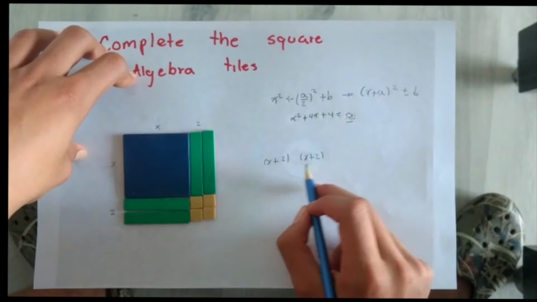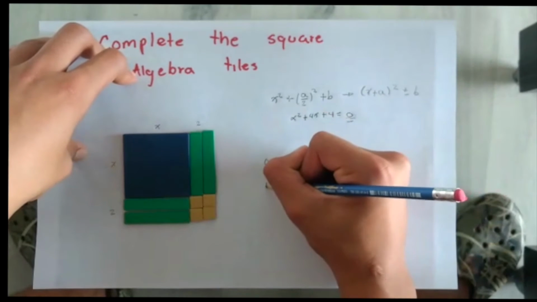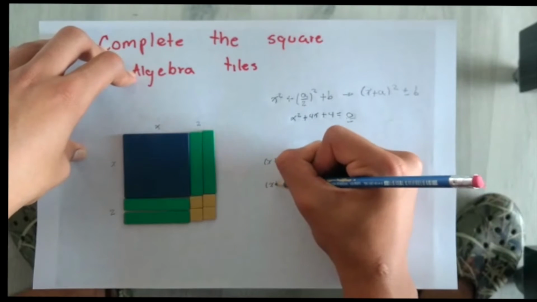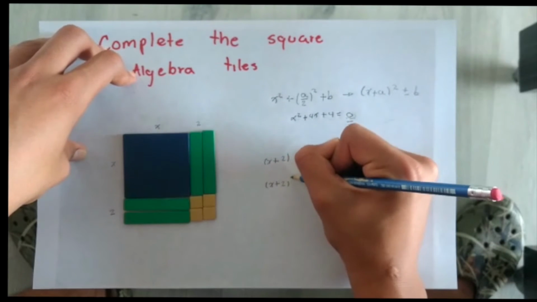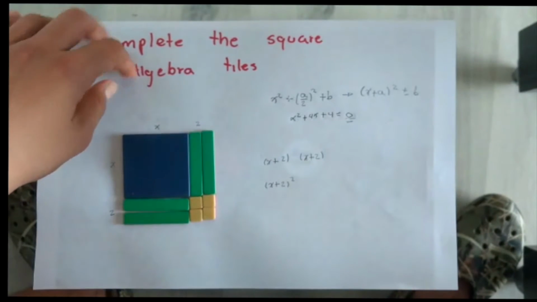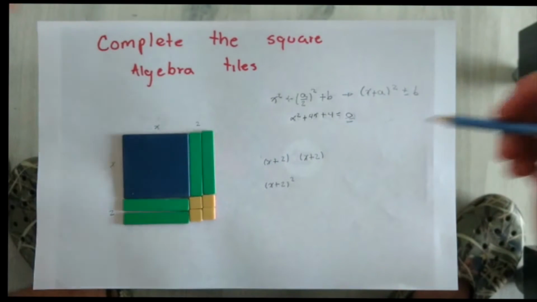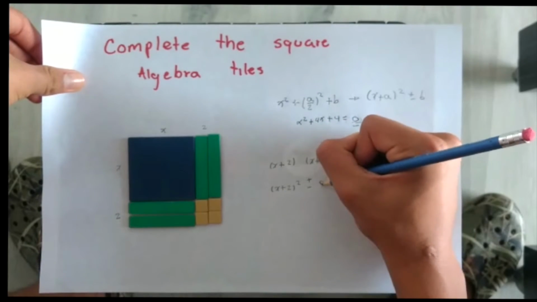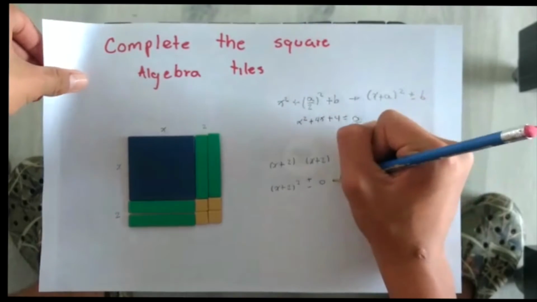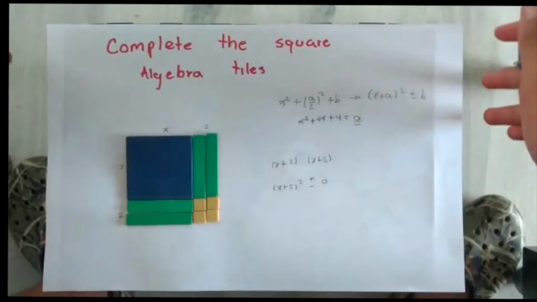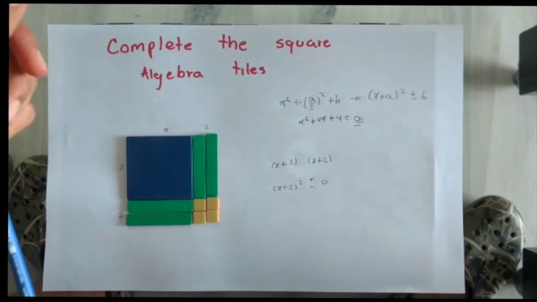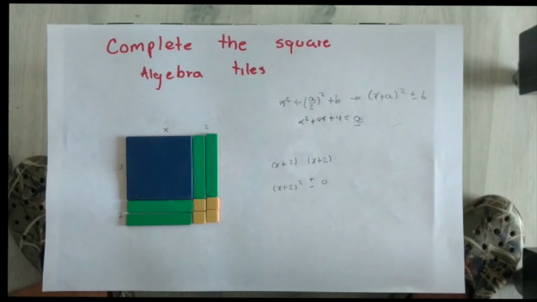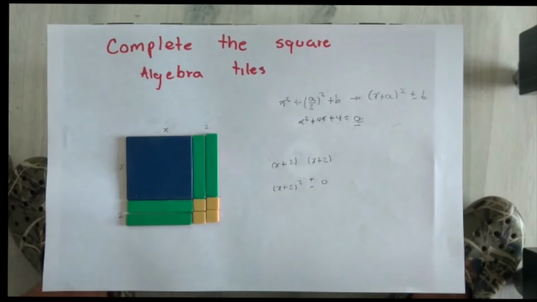Since both are the same, we can simplify it as x plus 2 to the second power, and here we got plus minus 0, because it's a perfect square. This will equal 0. And now we're finished. That was all with a perfect square.